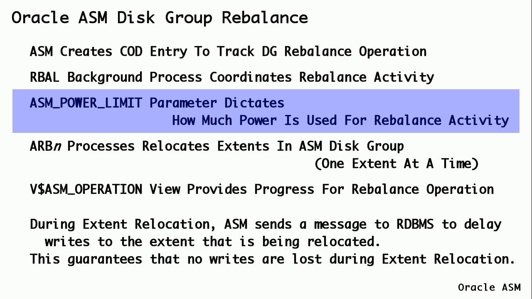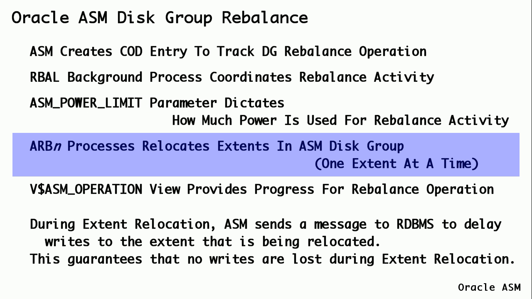The ASM_POWER_LIMIT initialization parameter on the ASM instance specifies the default power for ASM disk rebalancing operations. In other words, it dictates how much power and how many resources will be used for rebalance activity. It is possible to manually change the rebalance power for a disk group using the POWER clause of the SQL command ALTER DISKGROUP REBALANCE.